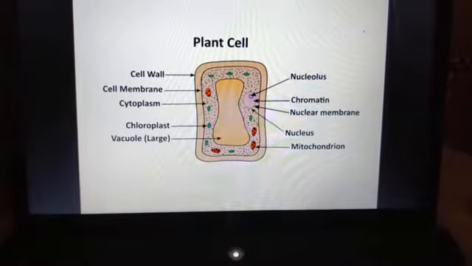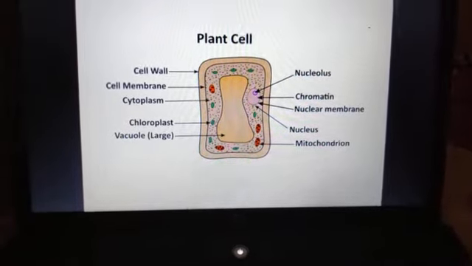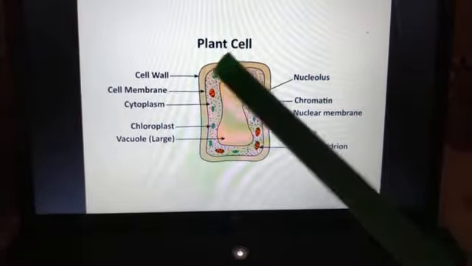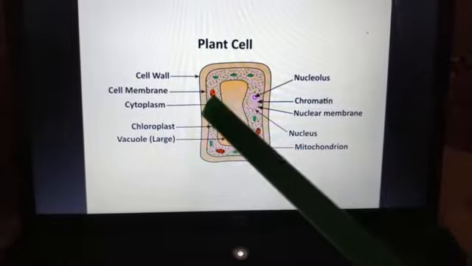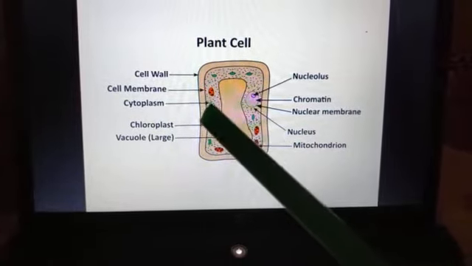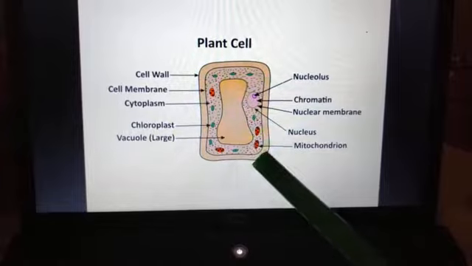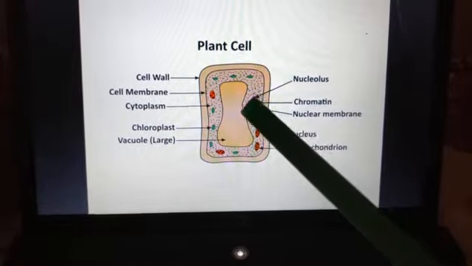Inside this cell membrane, cytoplasm is present. This jelly-like structure is the cytoplasm and the nucleus is present.